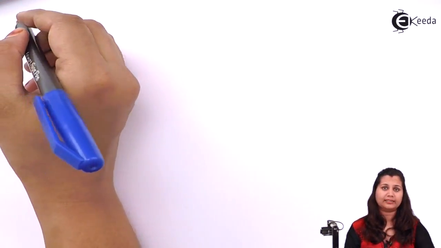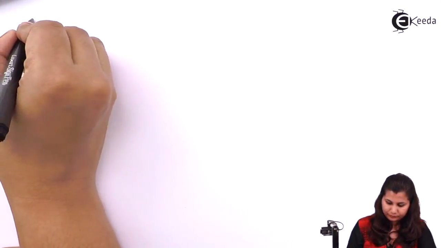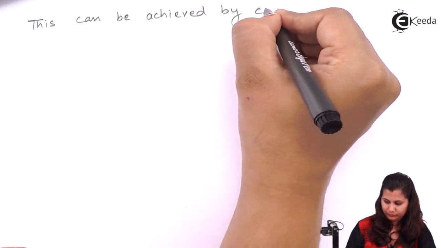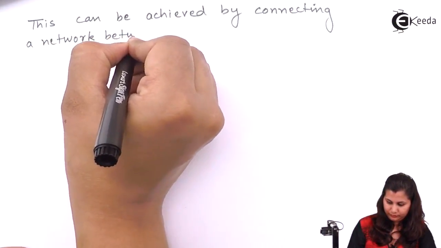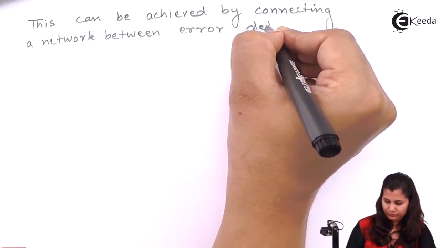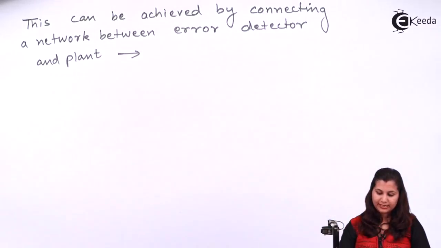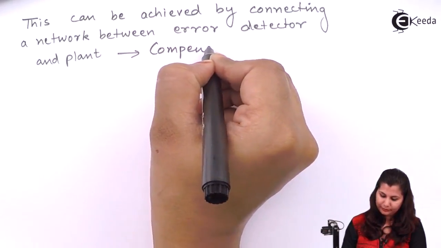So the definition of the compensating network is that the network which is added between the error detector and the plant is known as the compensating network.